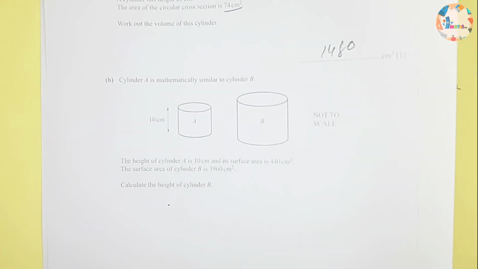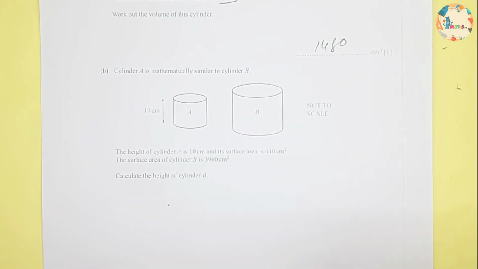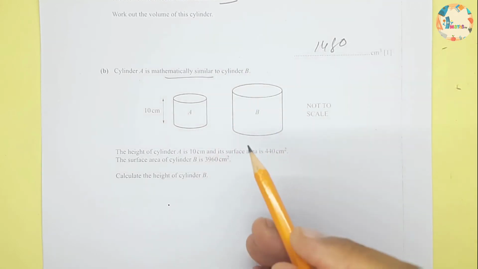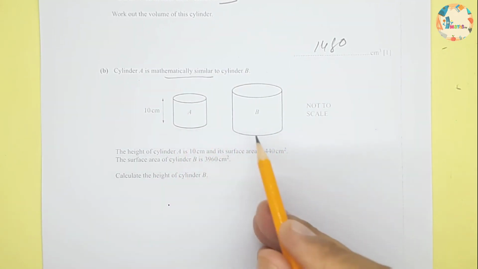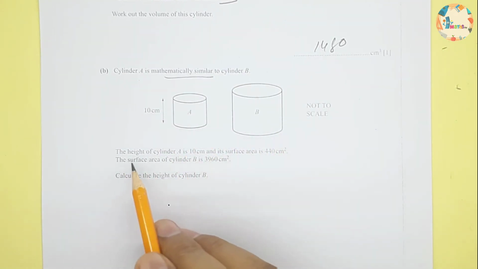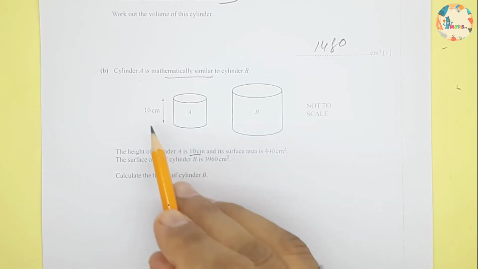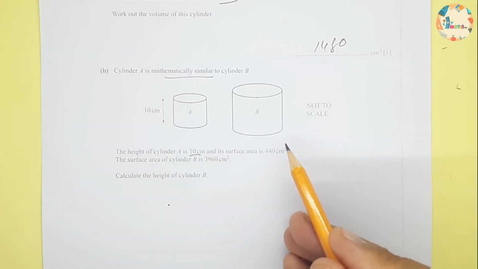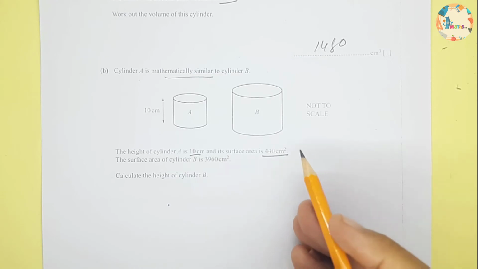Now B part, cylinder A is mathematically similar. So similar shapes, and we will be checking the conversion ratio, and the height of cylinder A is provided, which is 10 centimeters, and its surface area is provided.